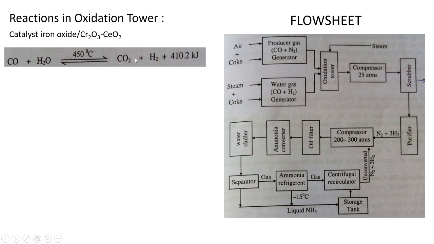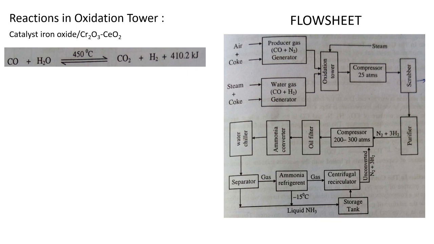And so in oxidation tower, these gases are oxidized. So in this oxidation tower, what is the output? It is a gaseous mixture of carbon dioxide, hydrogen, nitrogen, and some part of carbon monoxide, which is unreacted.